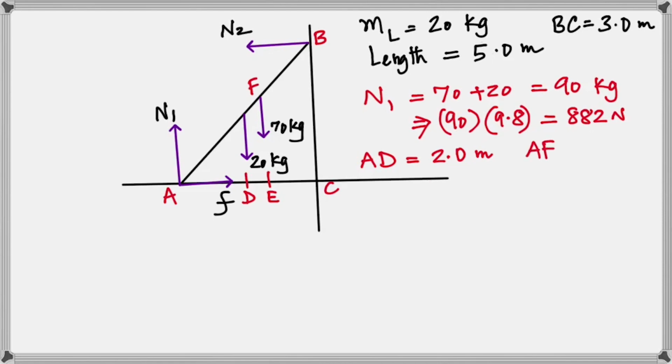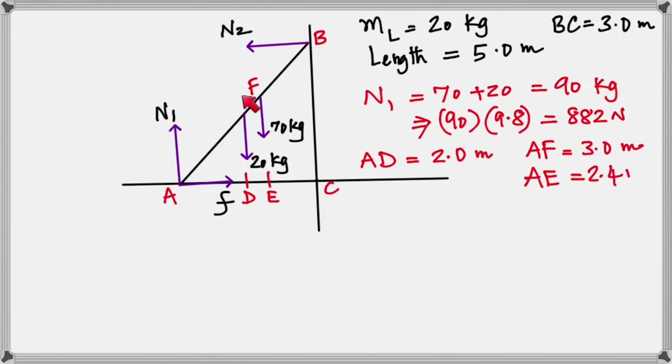So do you understand why AD is 2.0 meter? Yes, because this is going to be 2.5, right? Exactly the center. So D should be the center of A and C. So half of 4, that's why it's 2. All right. And AF is given as 3 meter. So that is given.